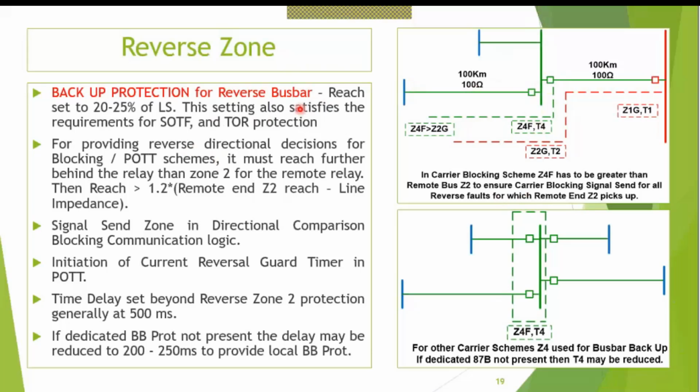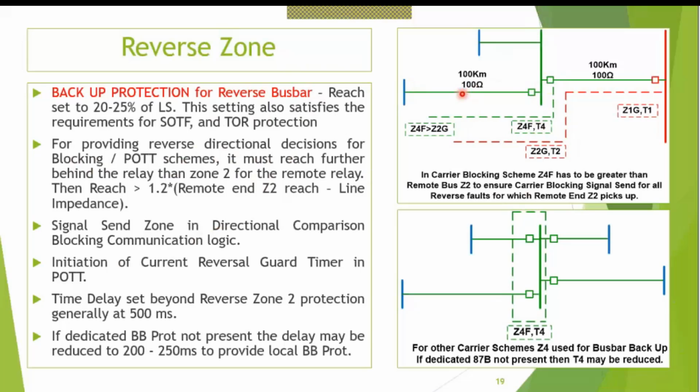But for directional comparison blocking or POTT scheme, it has certain implications. The relay must reach further than the zone 2 of the remote relay, because in blocking, the carrier send zone is this reverse zone. So the reverse zone has to pick up properly for the carrier send to take place. So that is this picture.